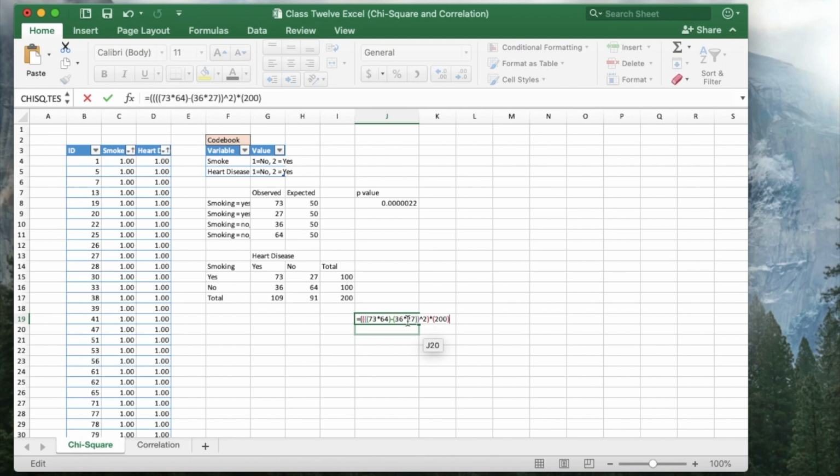And then what we're doing is we are dividing by basically everybody that indicated yes for heart disease, everyone that indicated no for heart disease, and then everyone that indicated yes for smoking, and then no for smoking.